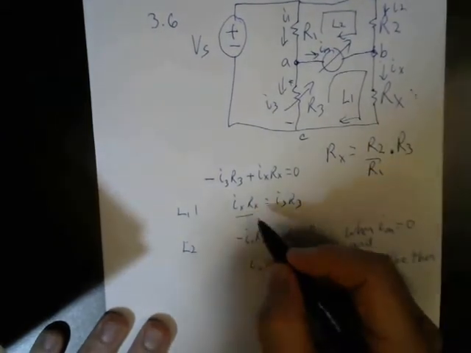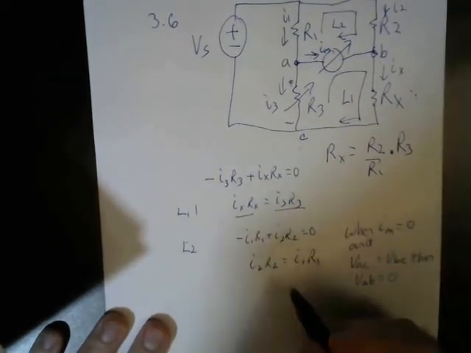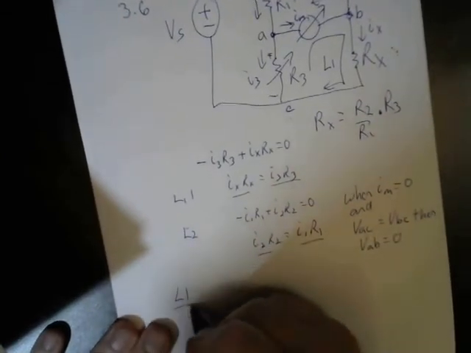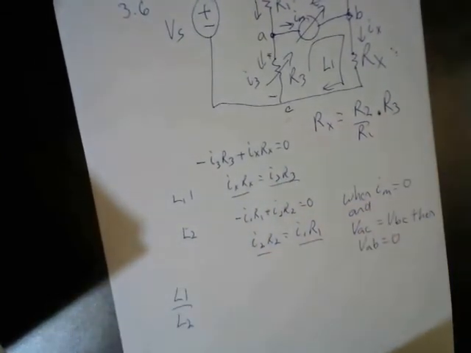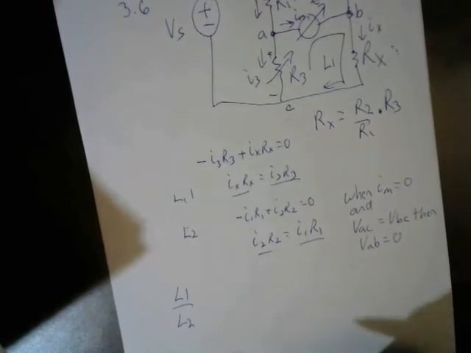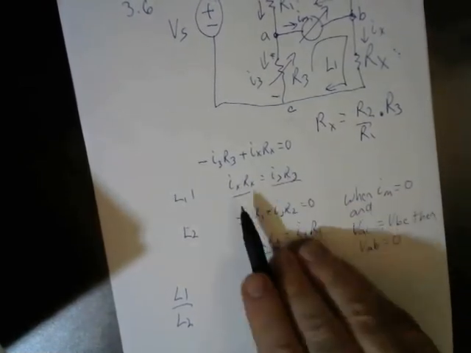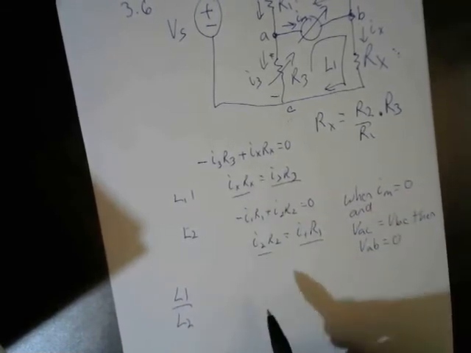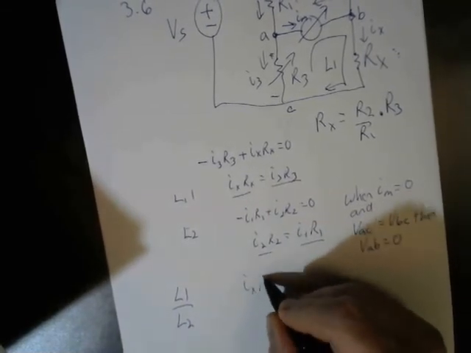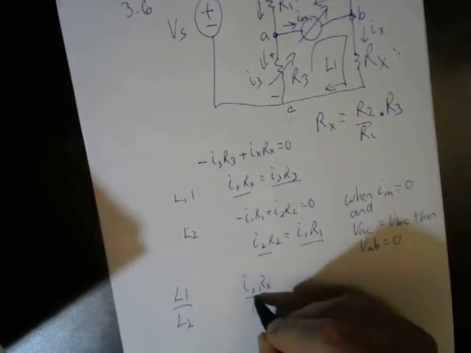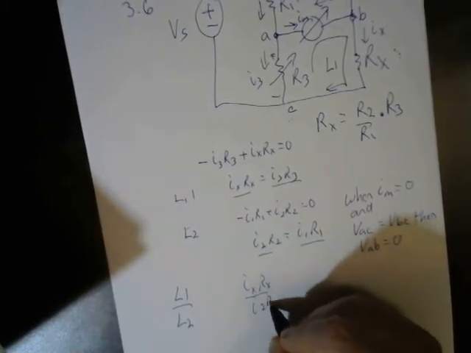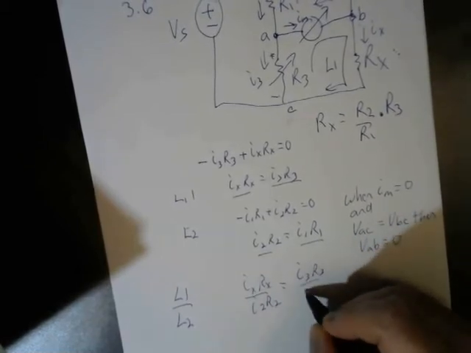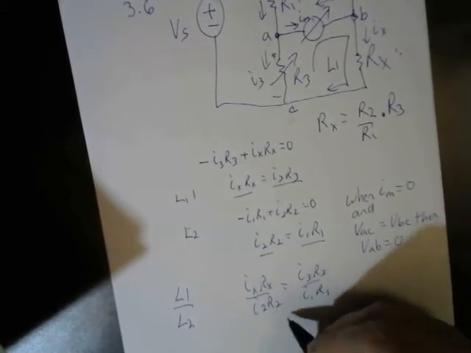All right, I have IX Rx equals I3 R3, and I2 R2 equals I1 R1. I'm going to take one equation and divide it by the other. I can do that, right? Since these two are the same on either side and these two are the same on either side, I can divide this by this, and I get Ix Rx over I2 R2 equals I3 R3 over I1 R1.